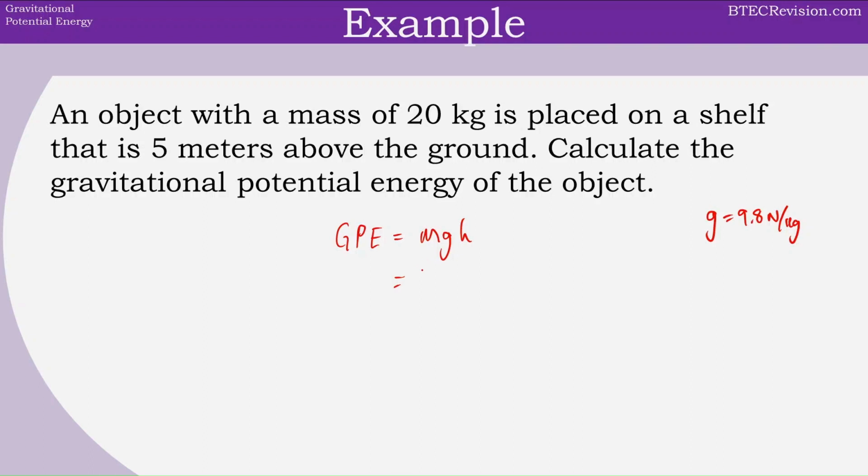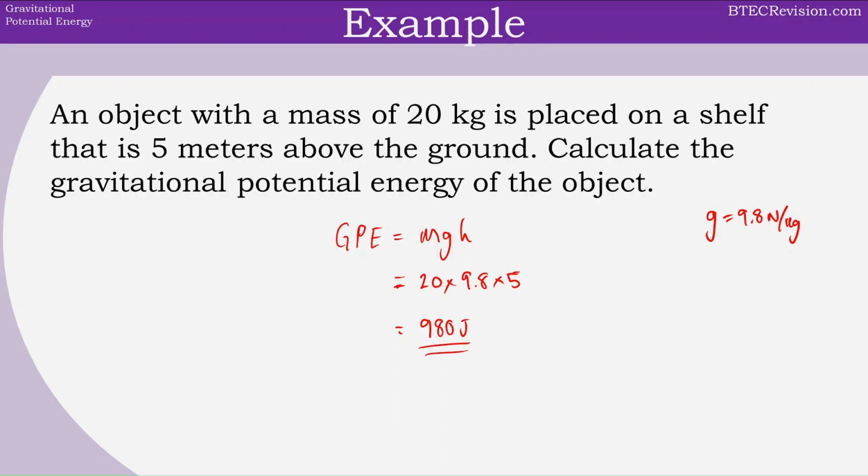Plugging in the values, m is 20 kilograms times g, which is 9.8, times a height of 5. And this gives us a value of 980 joules.